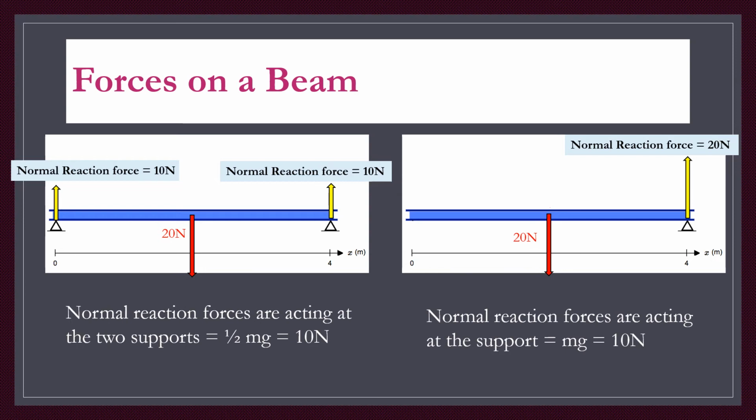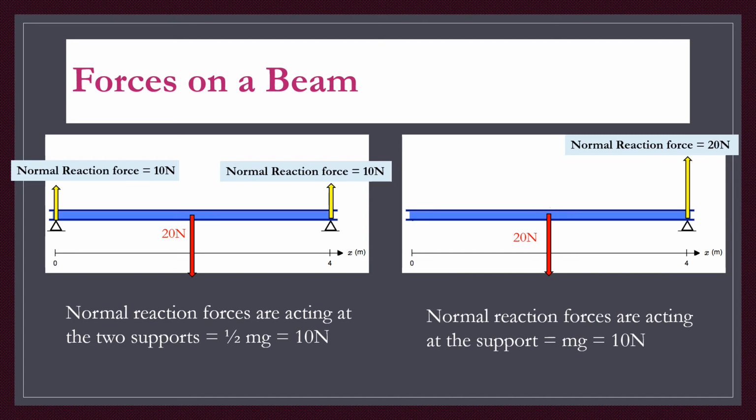Therefore, an upward normal reaction force acts from both supports. Both supports get 10 newtons of force in the upward direction, which is half of the weight of the beam.